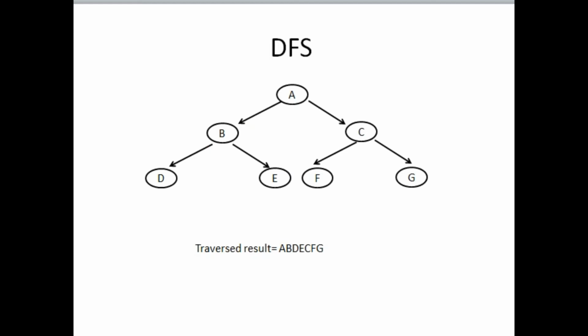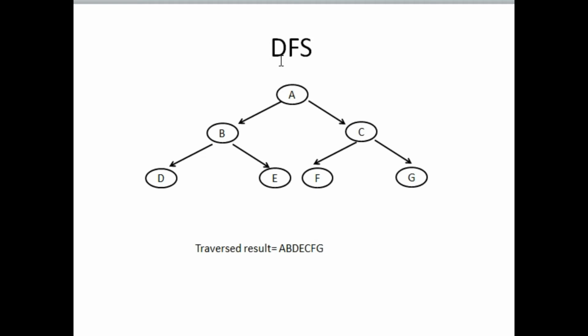Here is the example of a tree which we used in the previous video for BFS. I will also use this tree for DFS, and we will compare DFS and BFS by using the same example. BFS traverses any tree level wise. BFS covers the first level, then the second level, then the third level, and so on. But DFS traverses any tree branch wise.